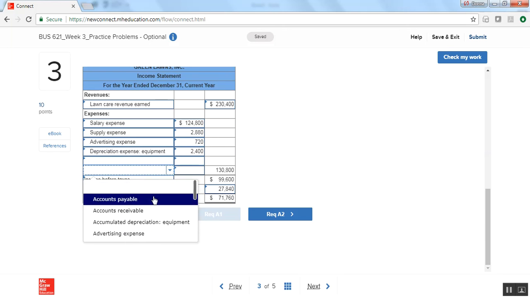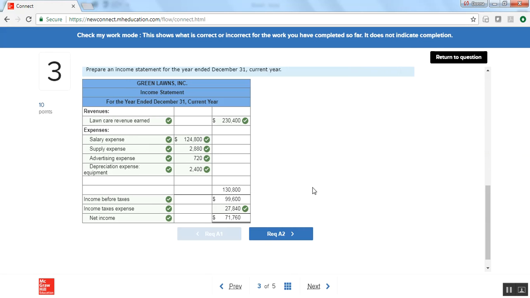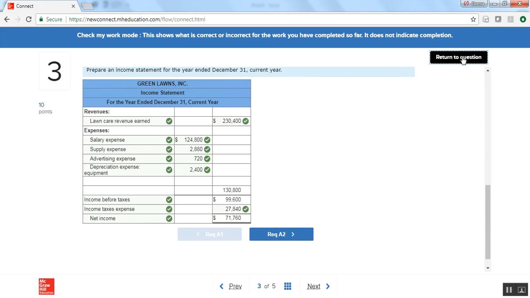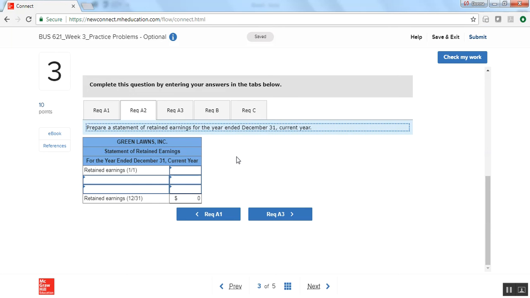No, so we'll just leave that blank. So we have our total expenses, our income before taxes, our income tax expense, and then finally our net income is a positive number, so it's our net income. Let me see if we're missing anything here. Nope. Okay.